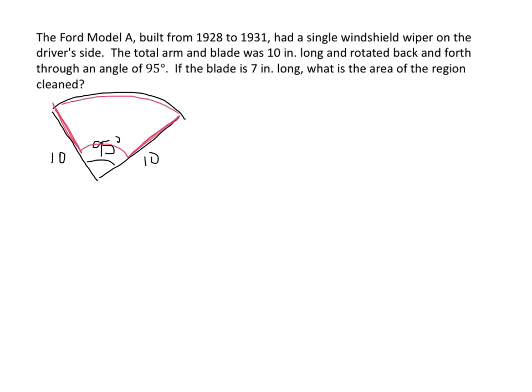So I'm really looking for the area of this pink region. So what I will end up doing is I will find the whole area first. I'll find this smaller area second, and then I'll subtract them. But of course, before anything else can happen, 95 degrees must be converted to radians.